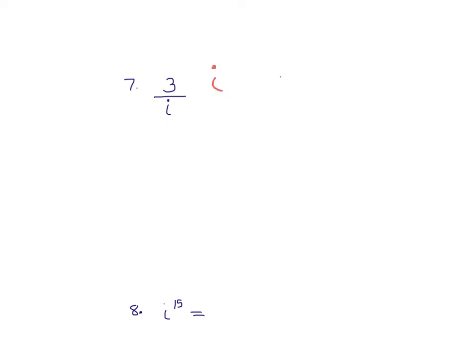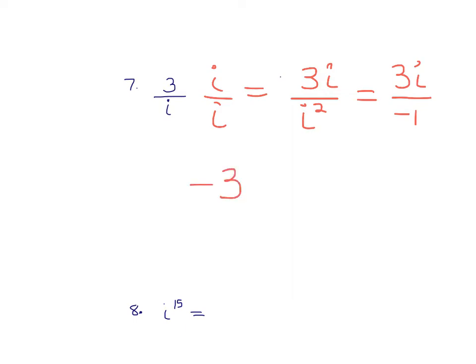So i over i, the top becomes 3i, and the denominator becomes i squared. What is i squared equal? So the top is 3i, the denominator is negative 1. I can simplify that because I can divide 3i by negative 1. So final answer is negative 3i.